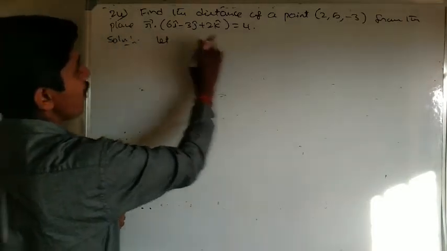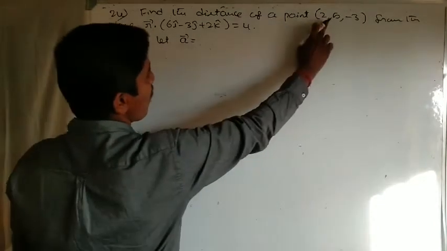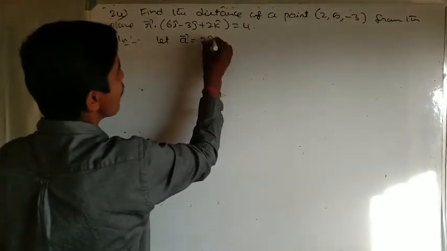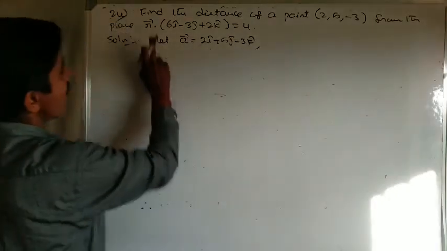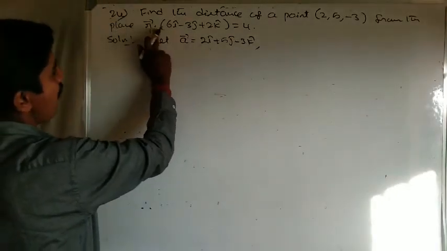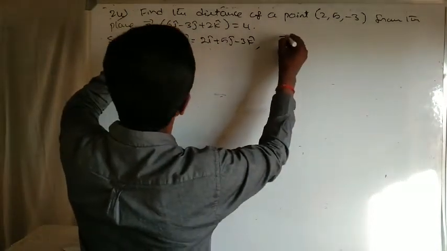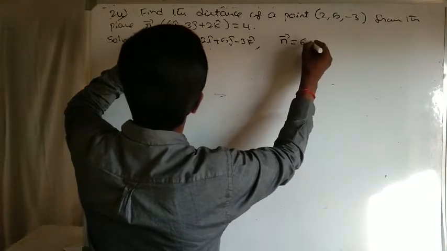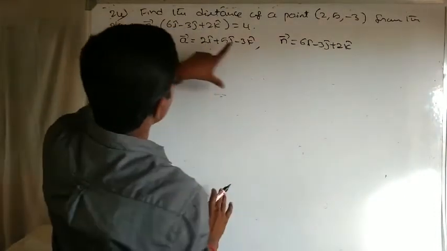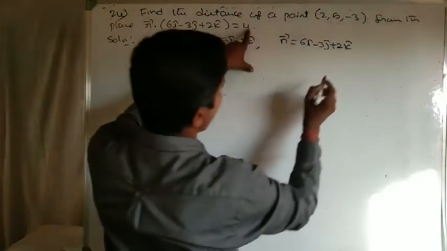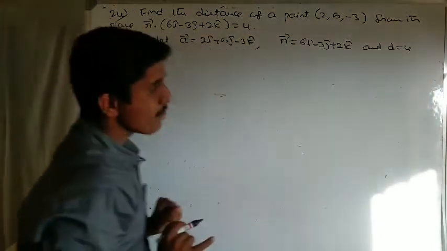Here the position vector of the given point I am taking as vector A. Vector A is equal to 2i plus 5j minus 3k, and this is the plane vector r dot vector n. Here vector n is equal to 6i minus 3j plus 2k, and d is equal to 4.